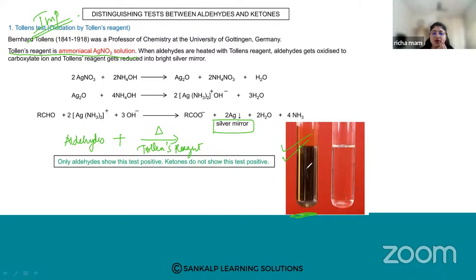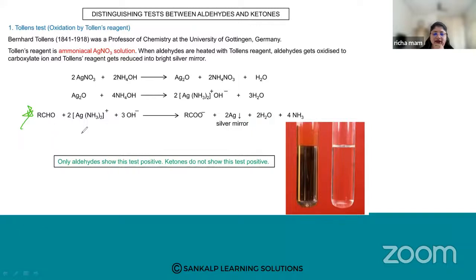So what is happening here? Your aldehyde is getting oxidized to the carboxylate ion. So this is the reaction. Your aldehyde reacts with the ammoniacal silver nitrate solution, where ammoniacal means this ion.